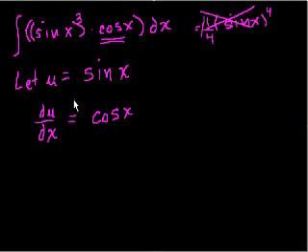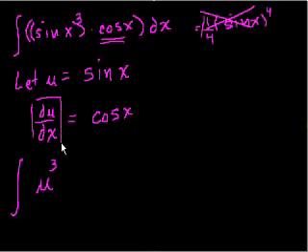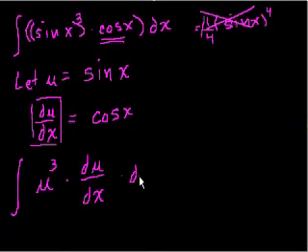So what we can now do is substitute these two things into this integral. The integral now becomes, instead of sine of x to the third power, u to the third power. And what's cosine of x? We just showed cosine of x is du dx, so it's times du dx, and then we have times dx.